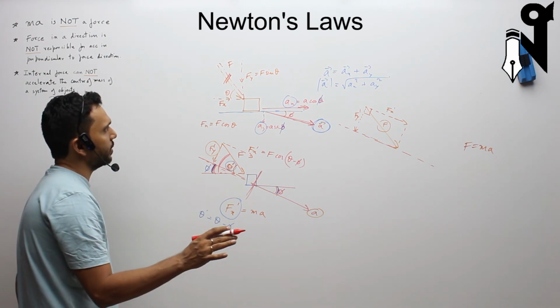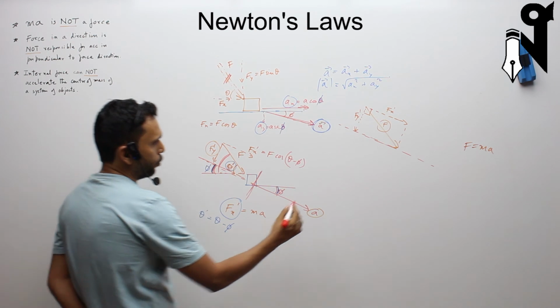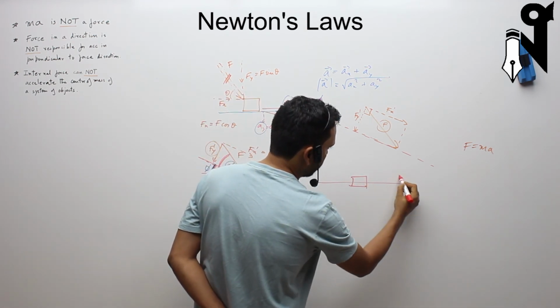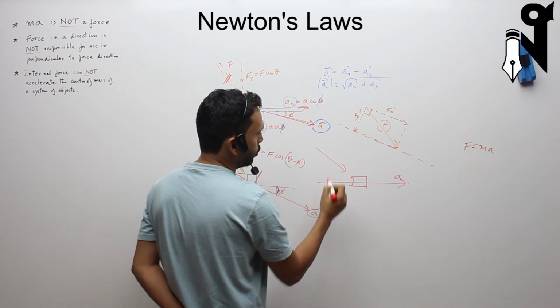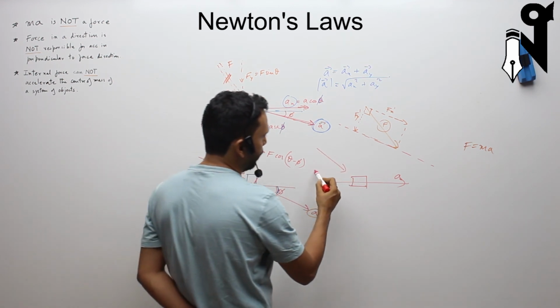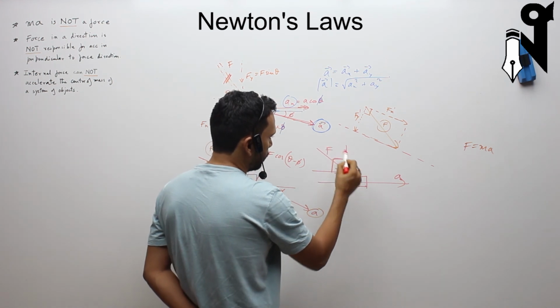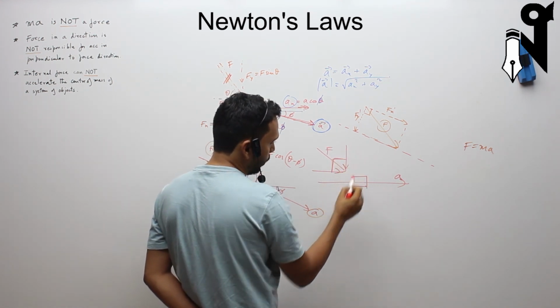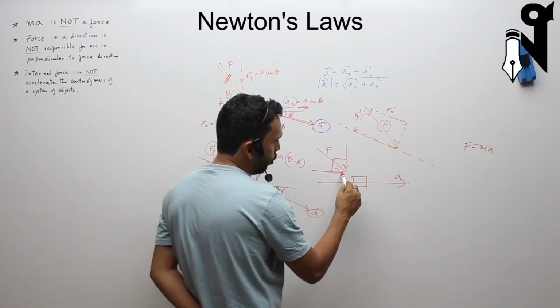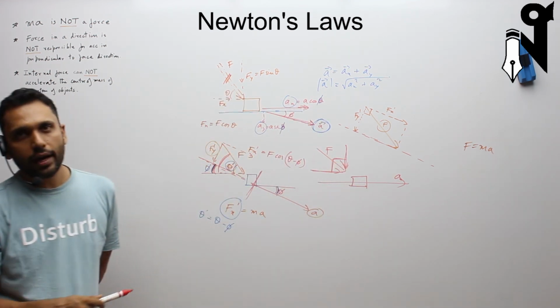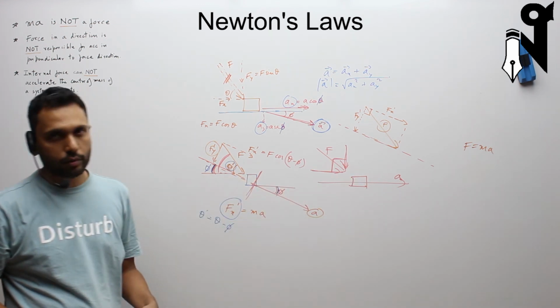So the point over here is, if we have a mass and we know the direction of acceleration and we have a force not in that direction, we have to break the force into two components which are 90 degrees to each other, such that one of the components is along the acceleration and the other one is 90 degrees to the acceleration. That would be the best scenario.